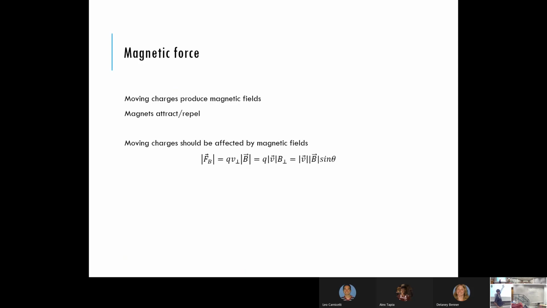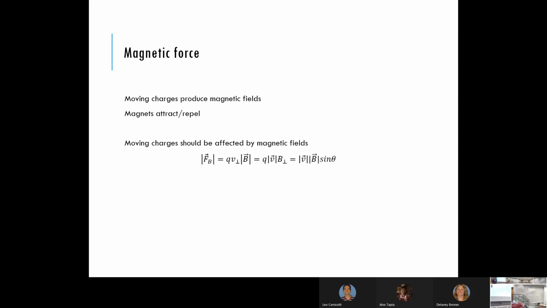That's one way of doing it. Or, conversely, I could take the speed of the charge and multiply by the perpendicular field. The field perpendicular to the direction of motion. Or, I could take the magnitude of both the speed and the magnetic field and multiply by the angle between.